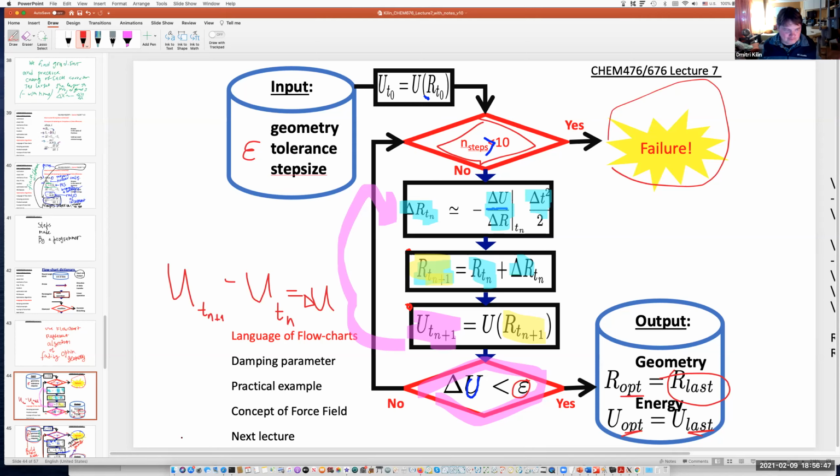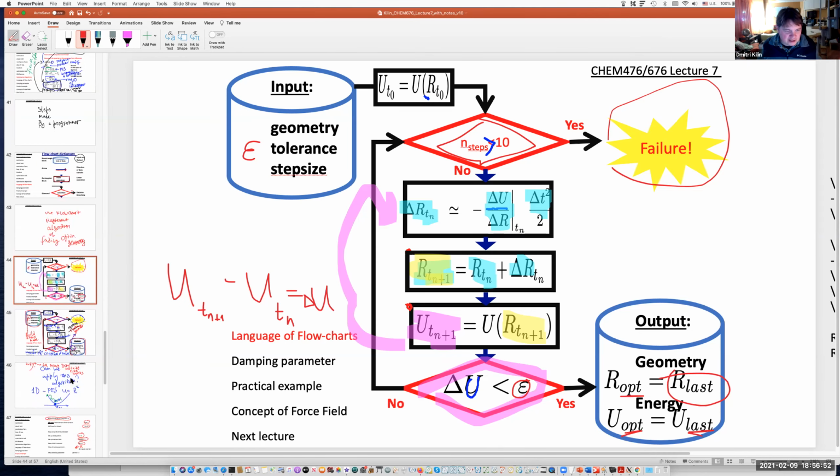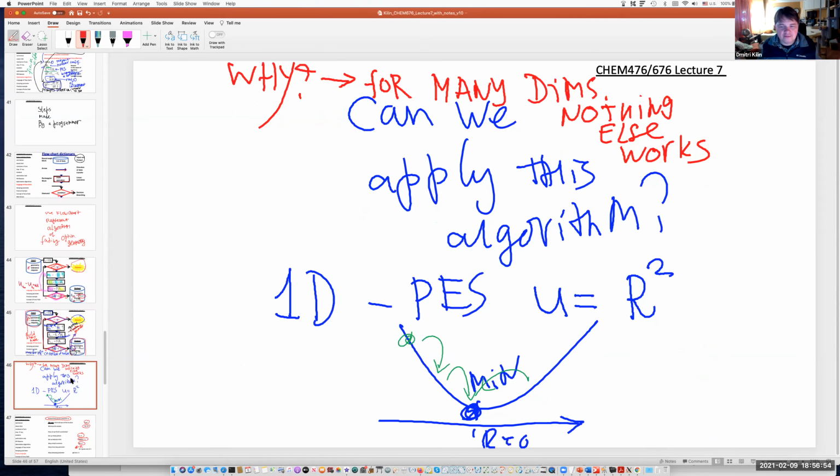Okay, so I suggest we practice this algorithm for a very, very simple example where the potential energy surface equals r squared. So just a parabola. And the answer is that U opt will be 0 and r opt will be 0, right? We all know what will be the answer.